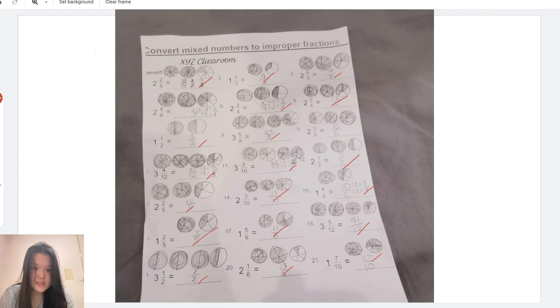How many slices altogether if you count it? For one whole, No, all together. All the shaded ones. 40. 40? Are you sure?